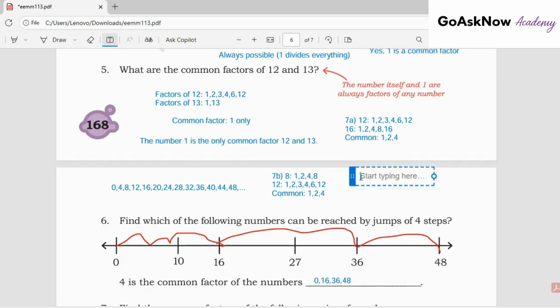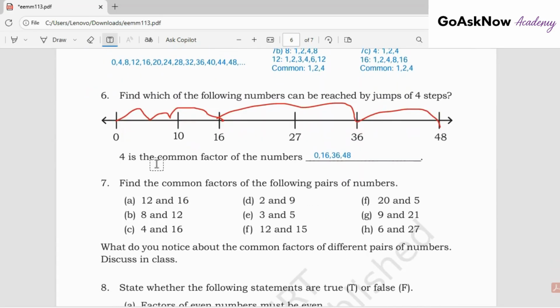Next for 7C, the numbers are 4 and 16. Factors of 4 are 1, 2, 4 and 16 is 1, 2, 4, 8, 16. The common ones are 1, 2, 4. Next for 7D, which is 2 and 9.